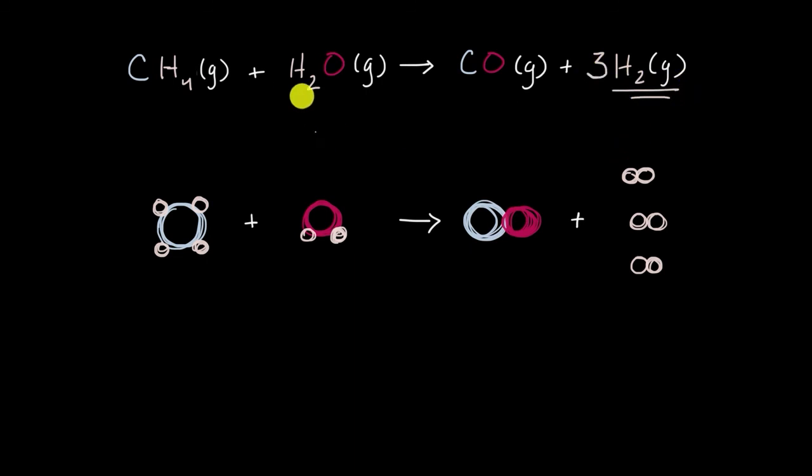And what I have just done is balance the chemical equation. It's just making sure that we have a conservation of mass, that we don't have constituent atoms on the left-hand side that somehow disappear on the right-hand side, or we don't have constituent atoms that somehow appear on the right-hand side without ever being input into the reaction.